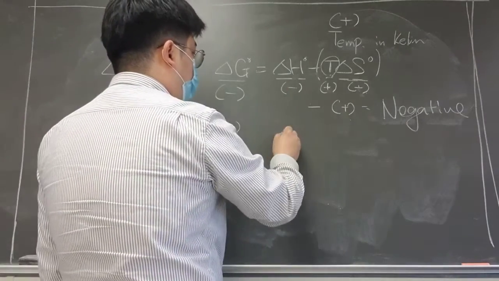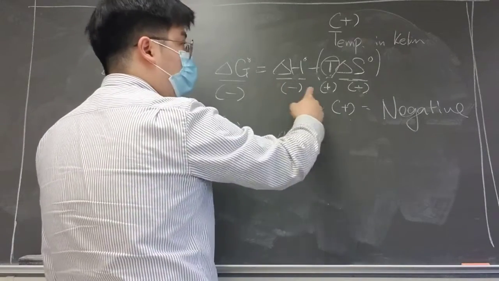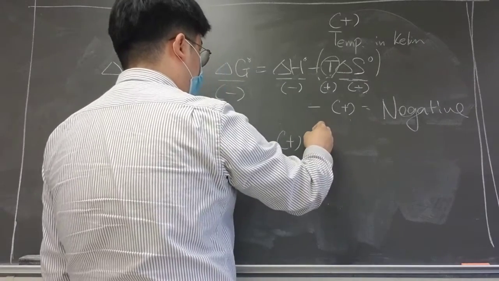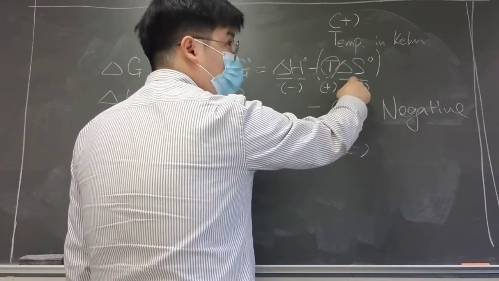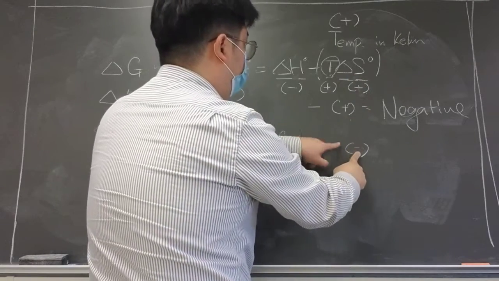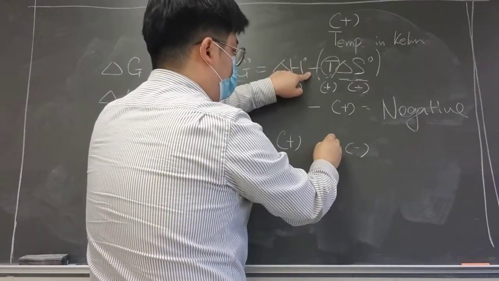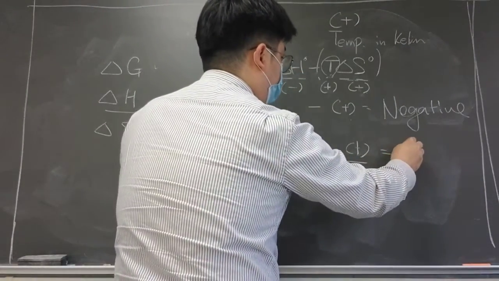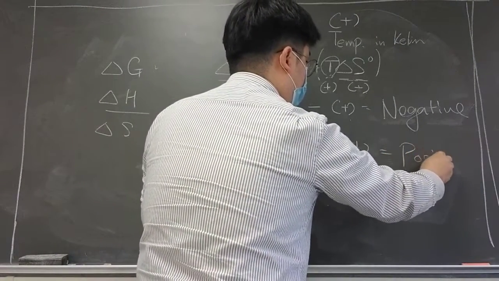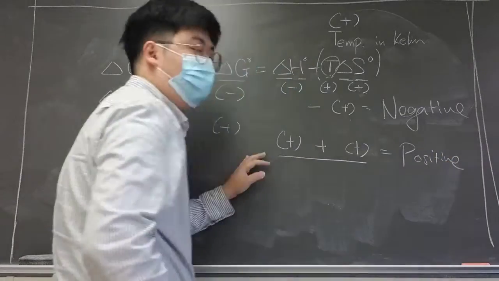If you have a positive number for enthalpy and a negative number for the entropy change, this is a negative number minus a negative number, which is actually a plus. So this number is always going to be positive, and this reaction is always non-spontaneous.